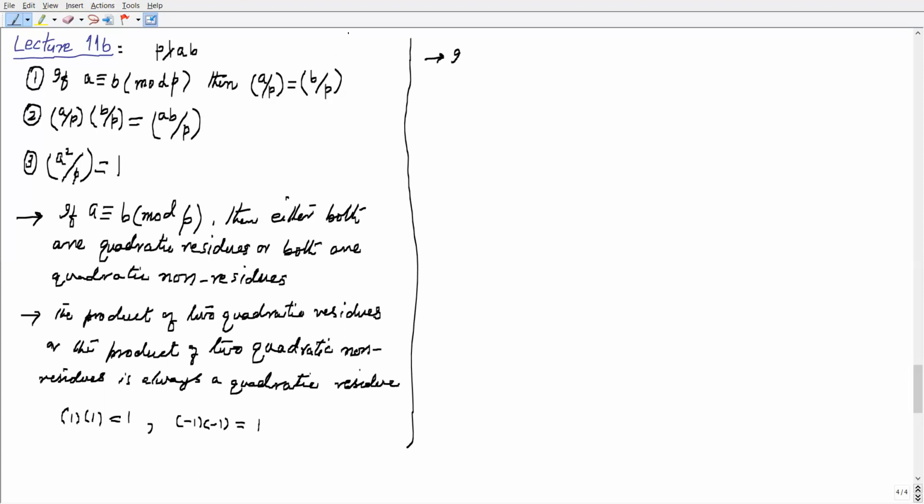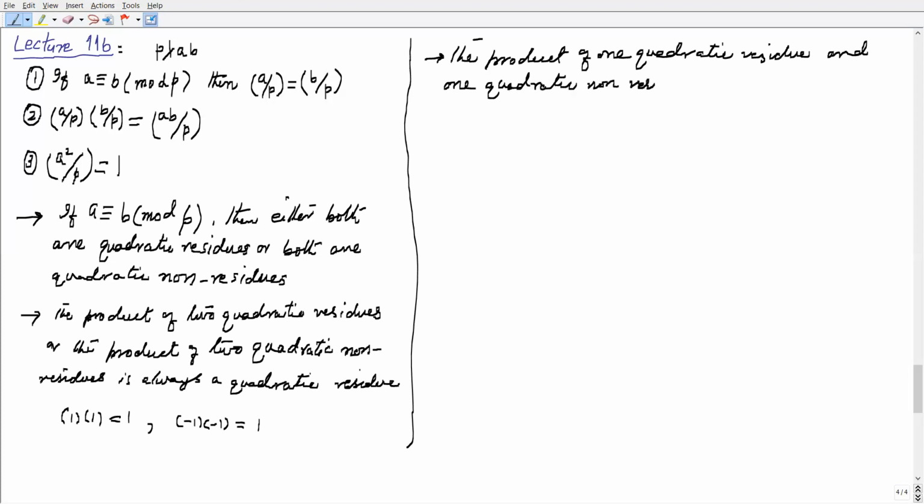But the product of one quadratic residue and one quadratic non-residue is always a quadratic non-residue.